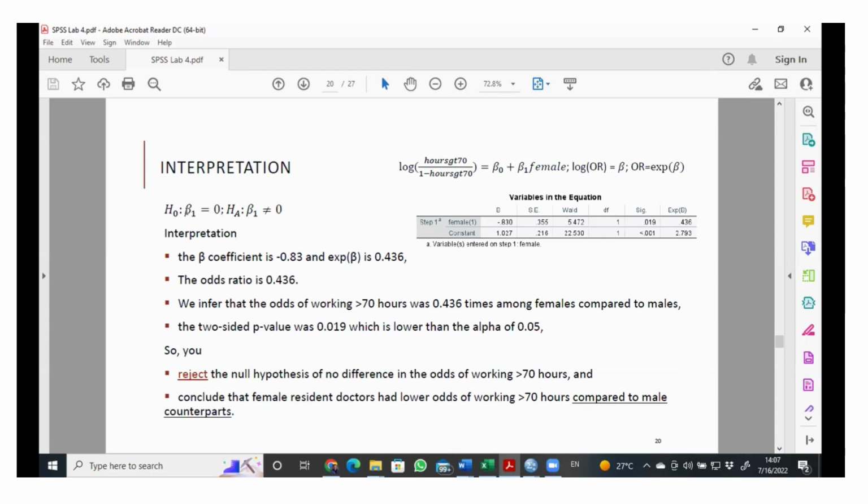Yeah. So these are hypotheses which you already know. We also tested this hypothesis with chi-square. Now, what we see here is the B, which is our log odds, the logarithm of our odds ratio, right?